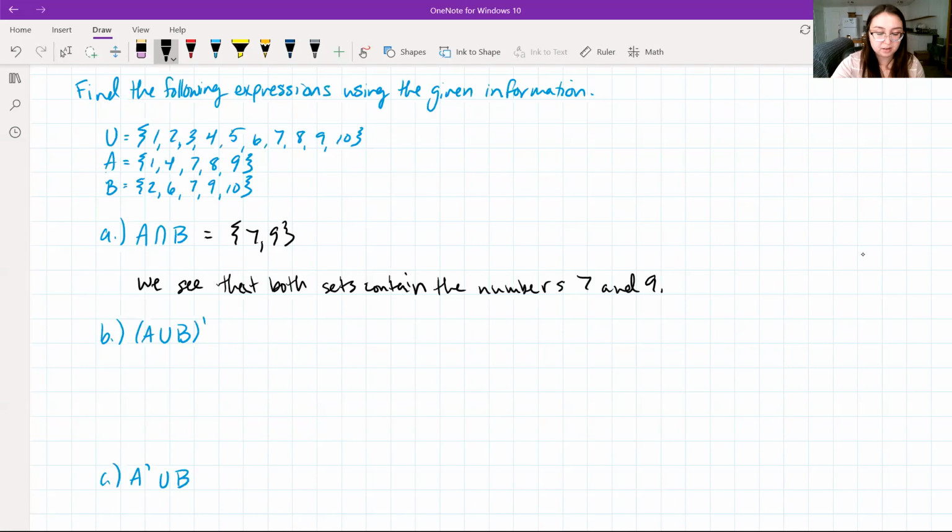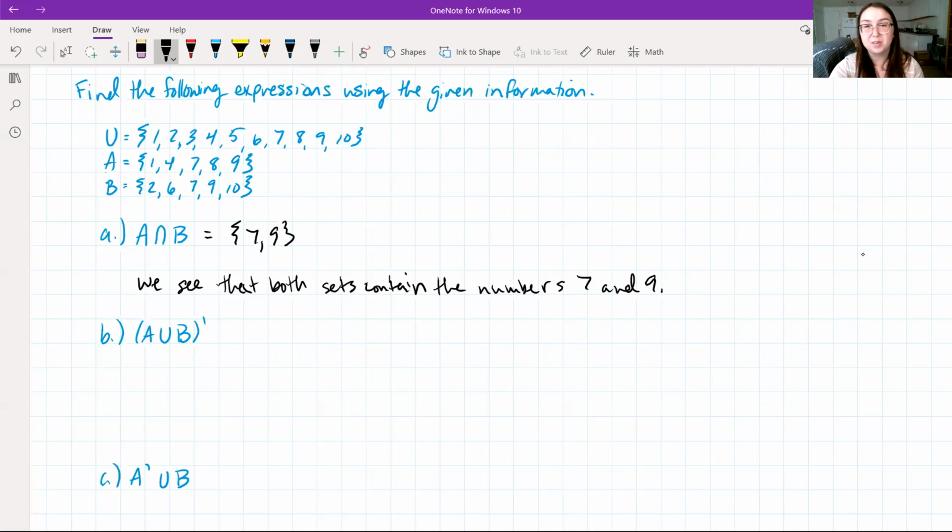Then for part B, we have A union B, but the complement of that. So what we really want to do first is we want to find the values inside the parentheses. It's just like how we usually do PEMDAS. We want to start by finding A union B, and then it'll be easier to find the complement after that.